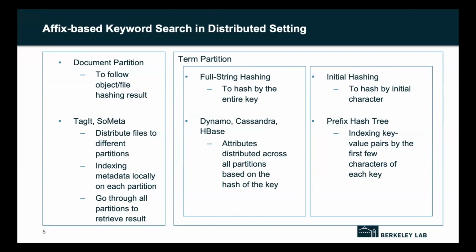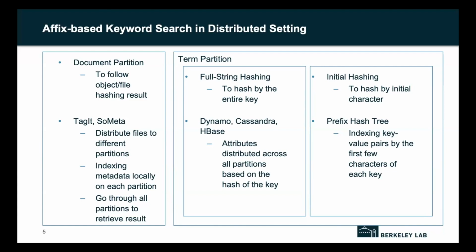Because every metadata attribute starts with its key, to address affix-based search we first need to satisfy affix-based search against the key. So this is the question of affix-based keyword search in a distributed setting.